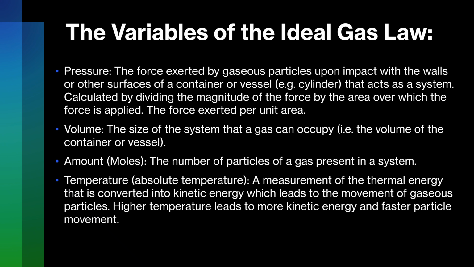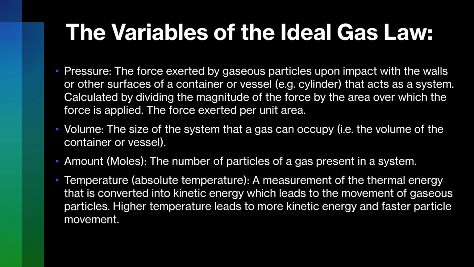Well, pressure. As we discussed before, this is the force exerted by gaseous particles upon impact with the walls or other surfaces of a container or vessel, such as a cylinder, that acts as a system. This is calculated by dividing the magnitude of the force by the area over which the force is applied. And this gives us the force exerted per unit area.